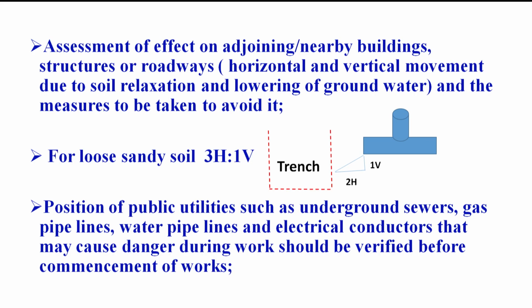Then next is the position of the public utilities, such as underground sewers, gas pipelines, water pipelines, electrical conductors, means electrical wires, cables that may cause danger during work, should be verified before commencement of work.